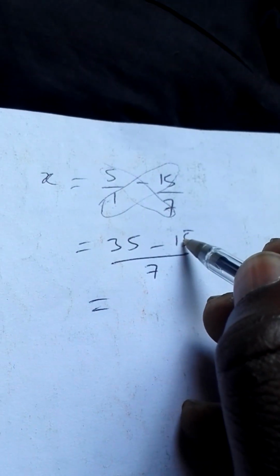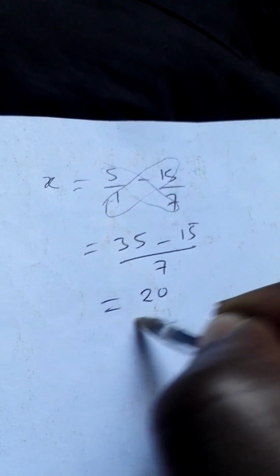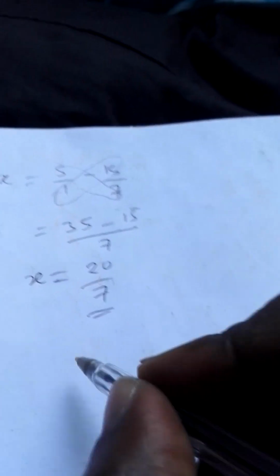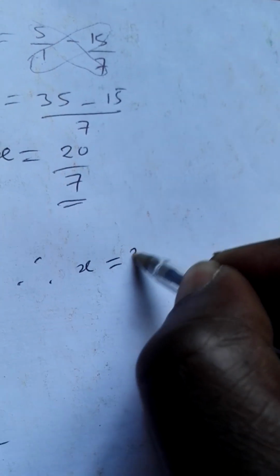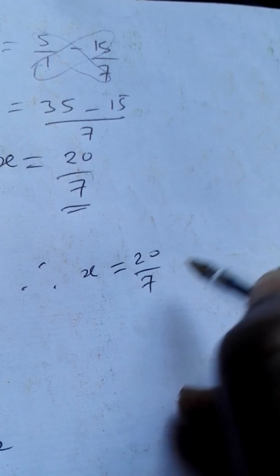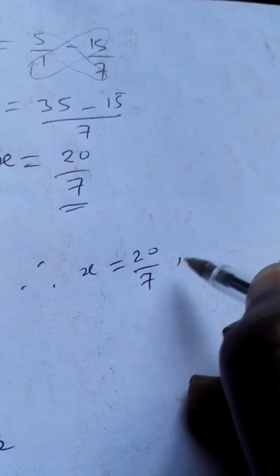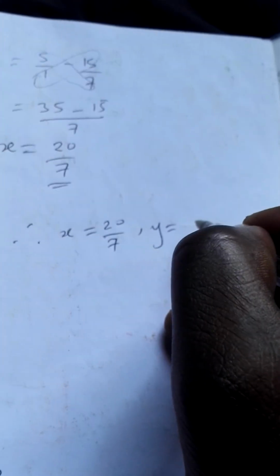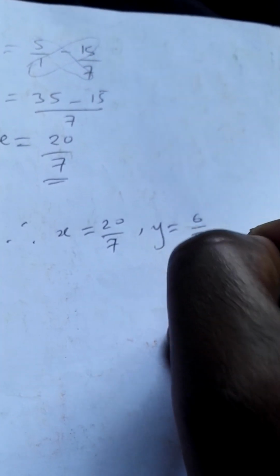So 35 minus 15 is 20, and that gives us 20 over 7. That is our x. And therefore, our x equals 20 divided by 7, and our y is 6 over 7.